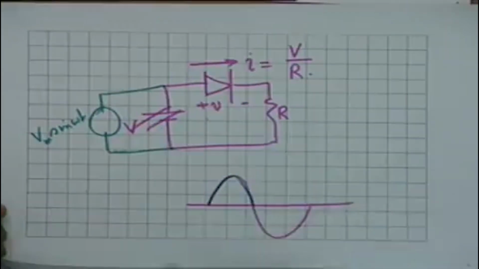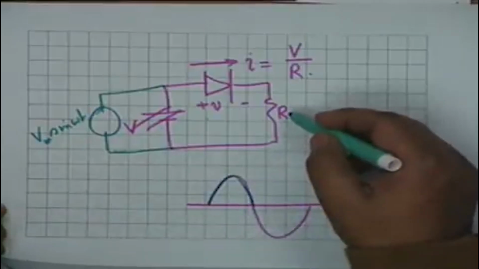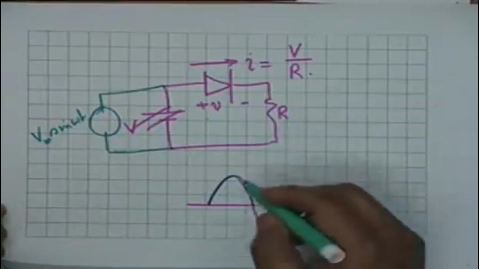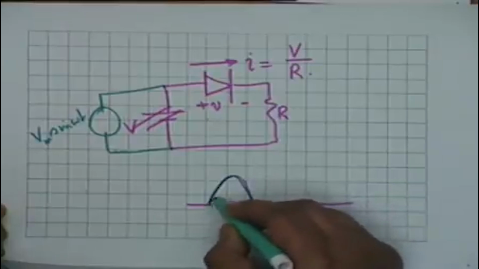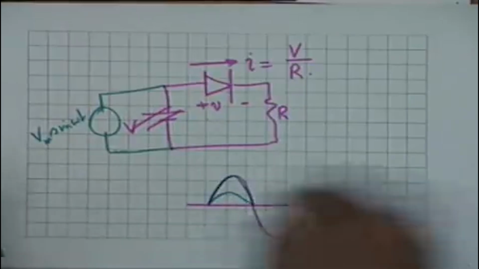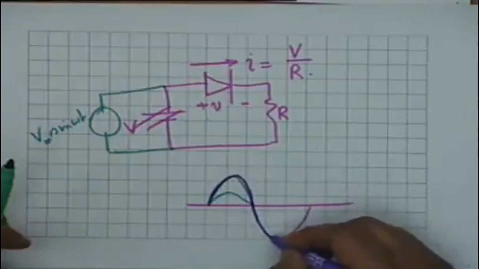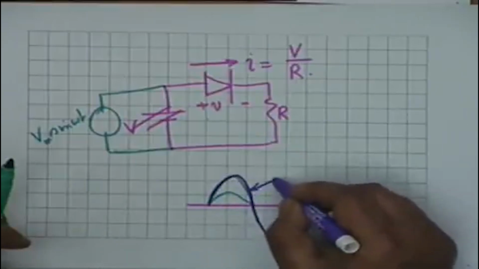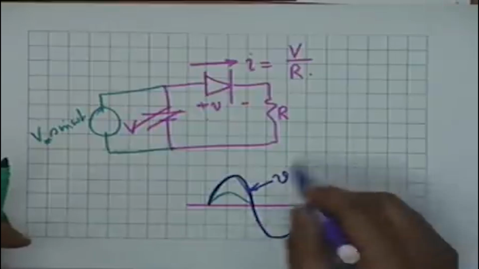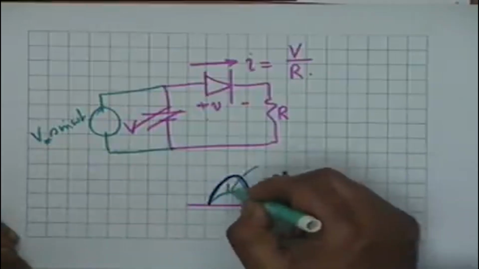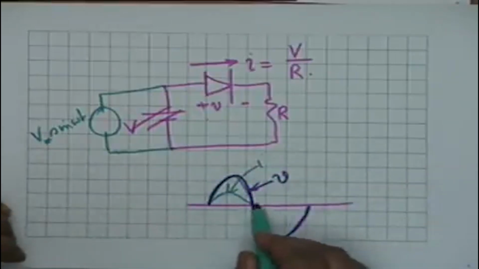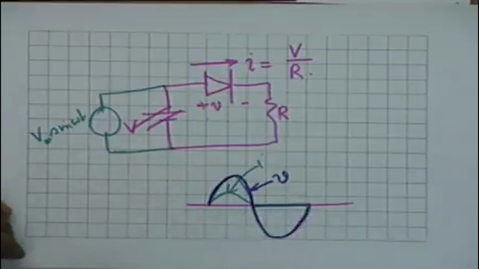The current shall be determined by the external resistor R, and therefore, if this is V and this is I, then the I during the negative half cycle shall be equal to 0.